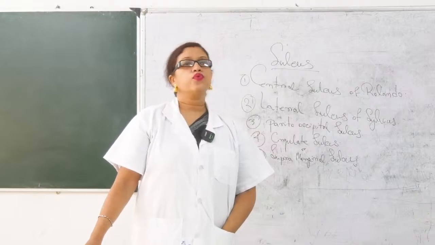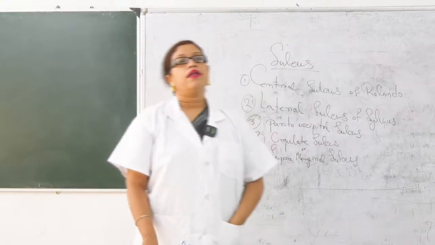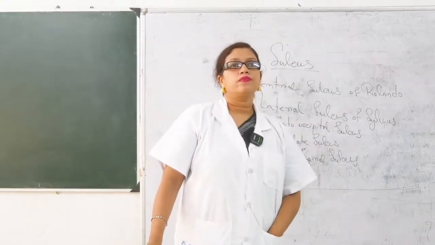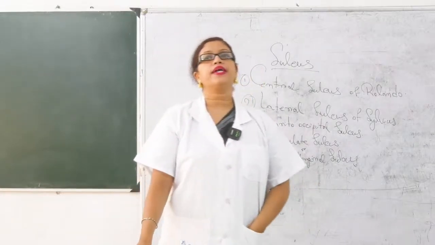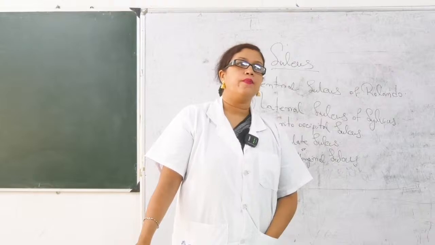Okay, so which are the parts? Number 1, write it down, what will you get? Optic chiasma. Number 1, you will get the optic tract and optic chiasma.